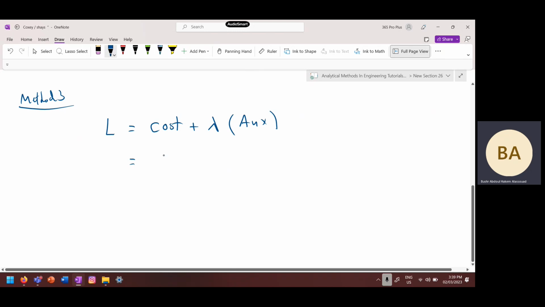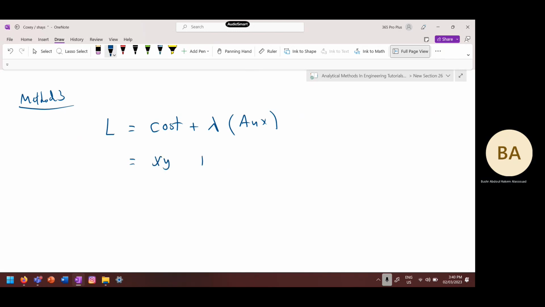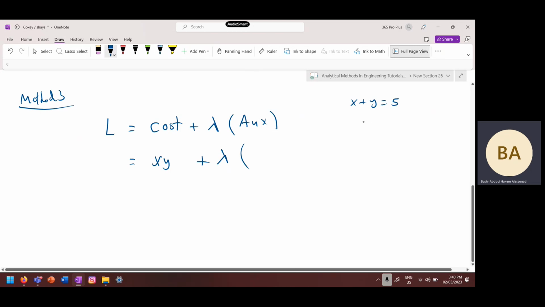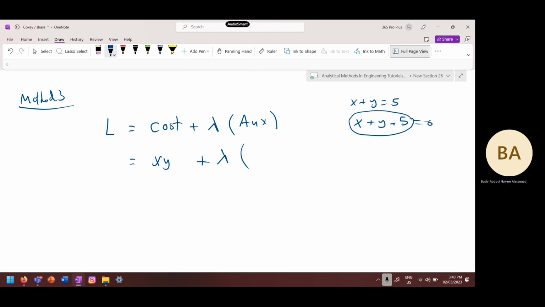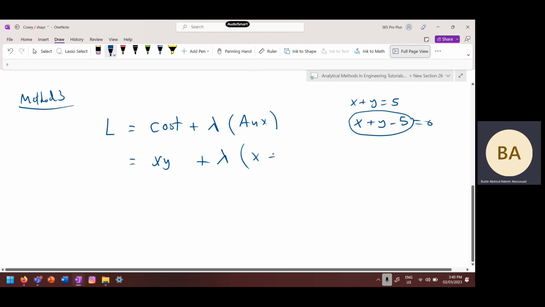Now, remember, the cost function is the function that does not have a value, which in our case is xy, and lambda as it is. The auxiliary you have as x plus y equals 5. You change this to x plus y minus 5 equal to 0. So you'll get this, plug it here, lambda(x plus y minus 5).